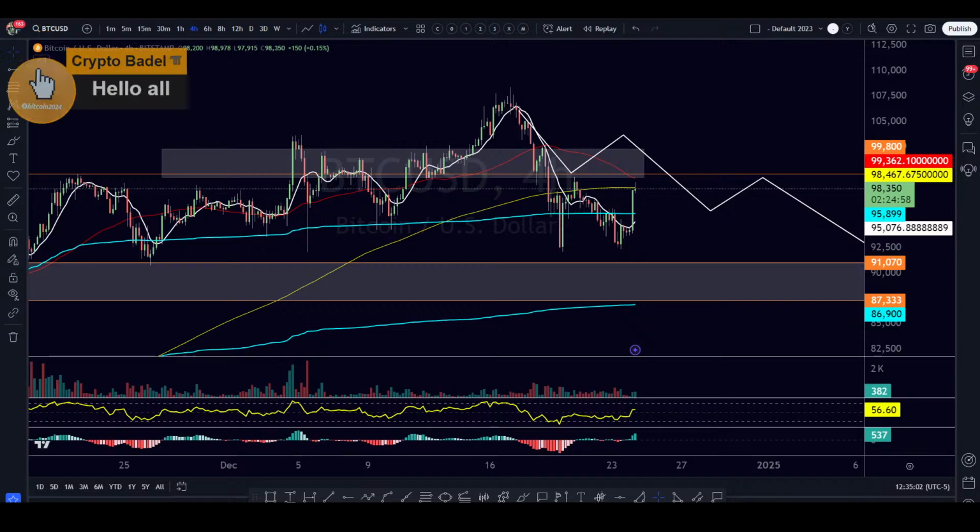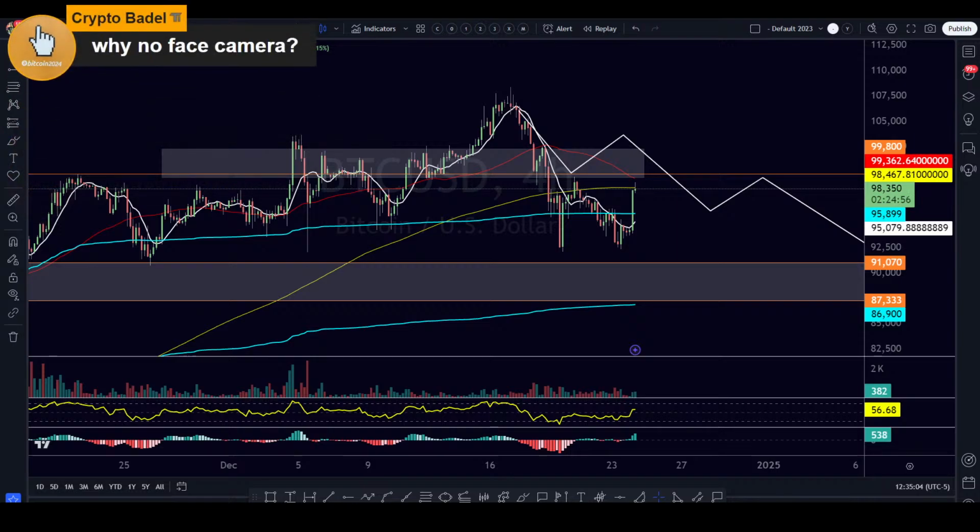See, why no face camera? Well, my computer, for whatever reason, I was getting ready to do a live stream yesterday, and the camera wasn't working. Okay, no problem. It does that from time to time. Reboot my computer. We're all good. Reboot the computer. No, still no camera. All right, no problem. Let me try it one more time. If it doesn't, I have to reinstall the drivers. Happens from time to time. No biggie. Reboot the computer. It rebooted for an hour and 40 minutes, and I said, okay, well, let me just power it off because this is ridiculous.